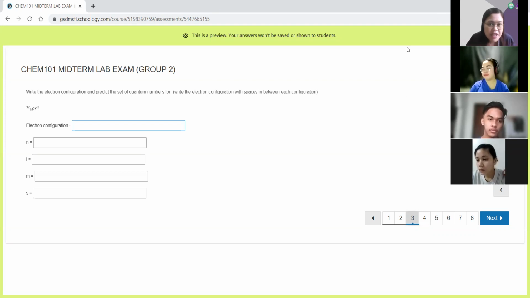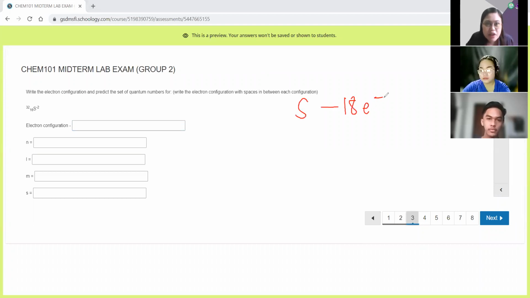So again, you have here sulfur pero may charge siya -2, 'di ba? Ang ibig sabihin, pag may charge na -2, nag-gain siya ng electron. So instead of 16, sulfur here has 18 electrons. Yan yung gagawa natin ngayon ng electron configuration and the quantum number.